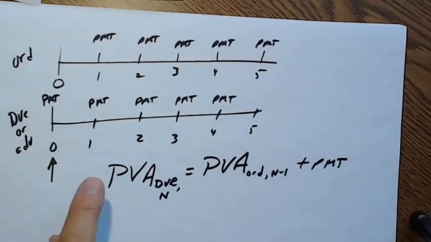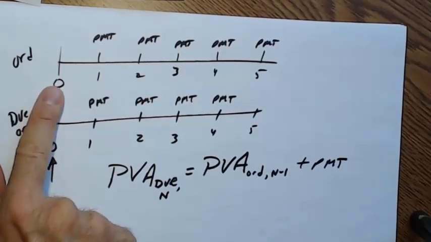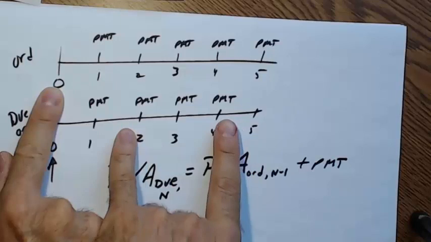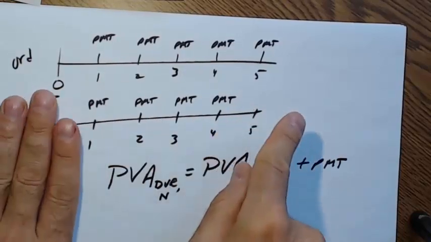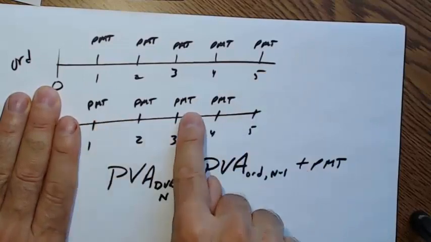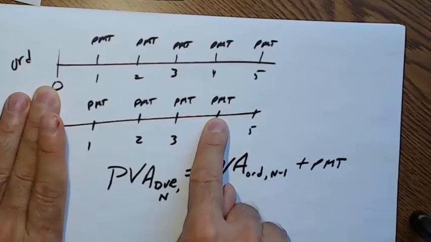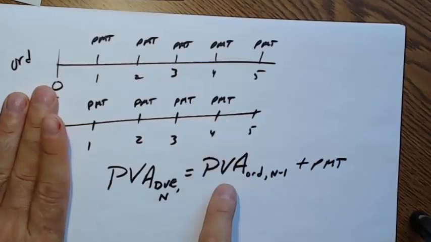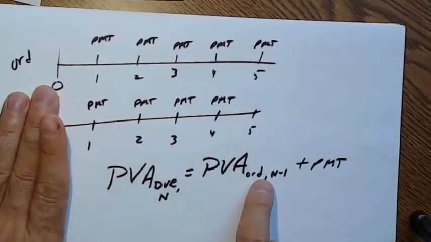Notice, if I was to cover this one payment up with my finger, this annuity right here is really an ordinary annuity for 4 periods, right? It's an ordinary annuity for not just 5 periods, but 5 minus 1 here.